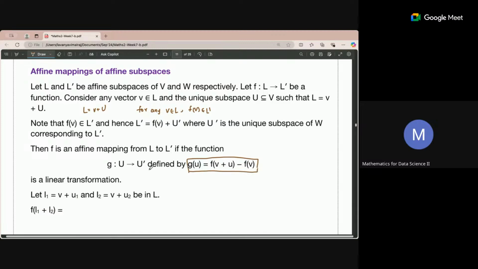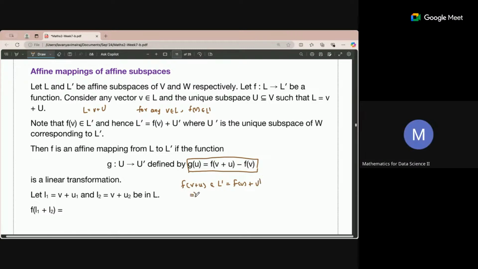Here G is from U to U dash, as given. So how do we see that this part belongs to U dash? First of all, this part should belong to U dash. At least this you should understand. Now, f of V plus U, where does it belong? V plus U is an element of L, so f of V plus U belongs to L dash, and you know that in L dash you can write it as f of V plus U dash.